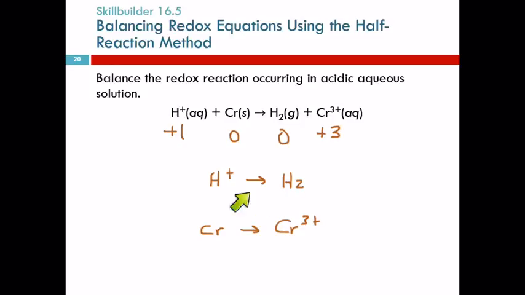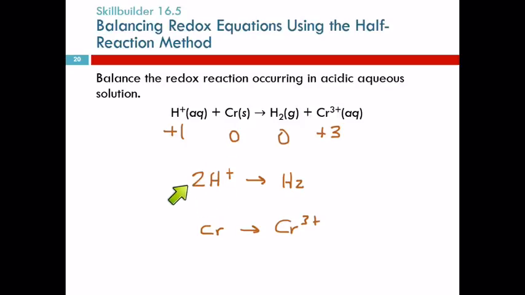Well, let's balance this one with respect to mass. I have 1 hydrogen atom here, and I have 2 there. So if I put a 2 in front of the H+, I have 2 hydrogens on each side. Let's balance Cr to Cr3+ with respect to mass. Done. It was already balanced. Now charges.